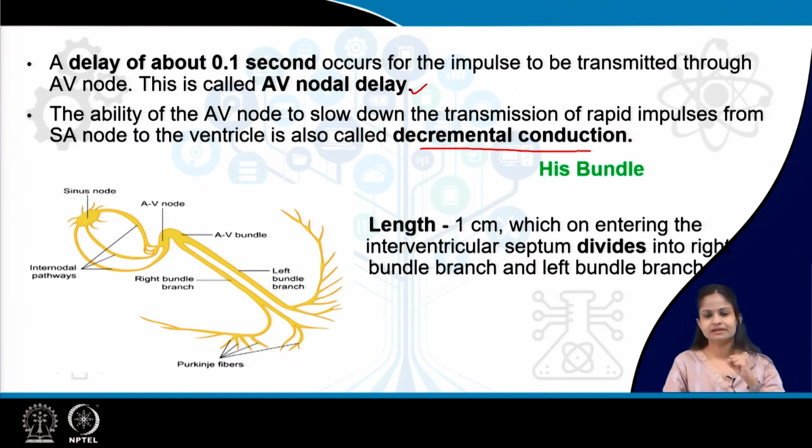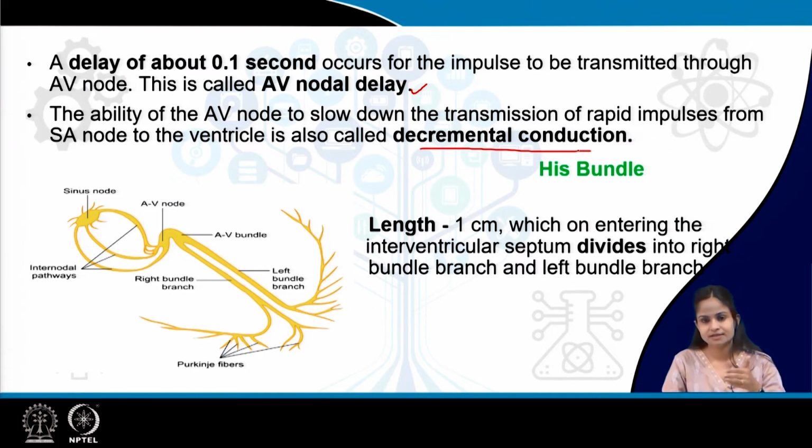Now, this decremental conduction is very important because suppose in abnormal situations, such as atrial fibrillation or atrial flutter, any arrhythmia related to the atria, the atria are beating at a very fast rate, suppose 300 beats per minute. If 300 beats per minute were the net heart rate of a person, you can imagine that person will immediately go into heart failure. There will be sudden cardiac arrest.